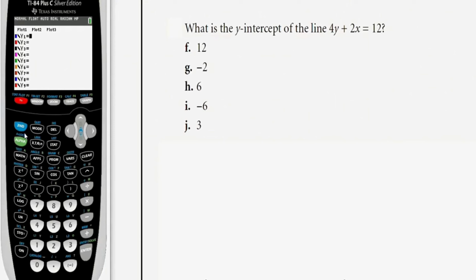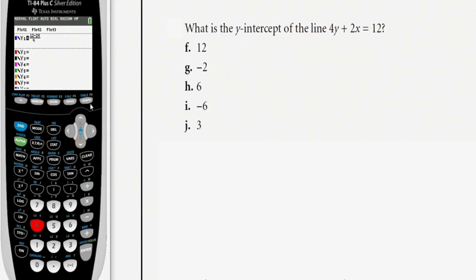So it's going to be in fraction, press alpha, this window button, then fraction is this. So we press 1, alright, we're going to have 12, minus 2x, press this button for x, over 4.